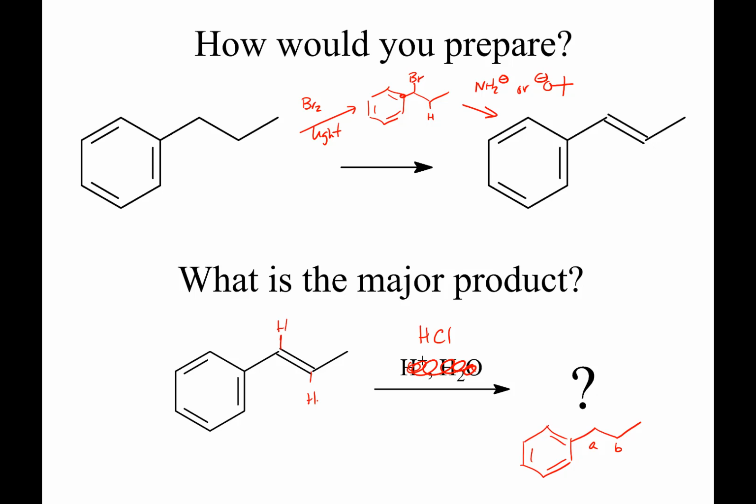So what we would do in this case is let's broaden Markovnikov's rule out. The H is going to add to the carbon that gives us the most stable carbocation. So what do we think that most stable carbocation is going to be?